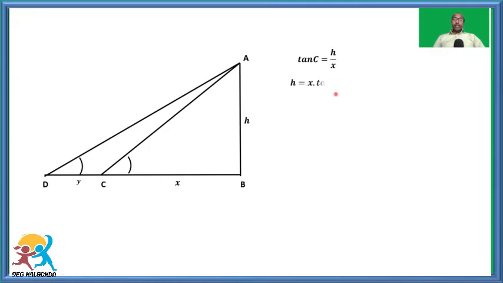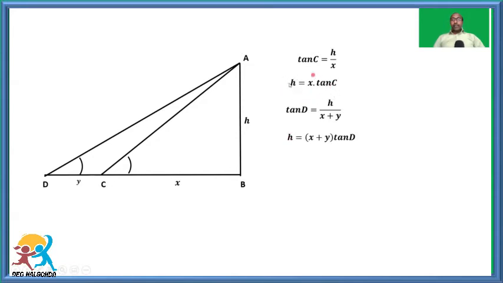From this we can write h is equal to x into tan C. From triangle ABC, we have written tan C is equal to h by x and h is equal to x into tan C. And from triangle ABD, tan D is equal to opposite by adjacent, that is AB by BD. Here BD is equal to the sum of x and y, that is x plus y. So tan D is equal to h by x plus y. From this we can write h is equal to (x plus y) into tan D.